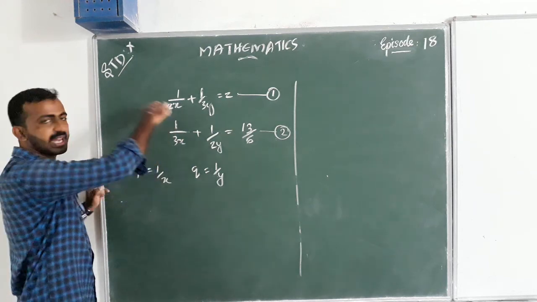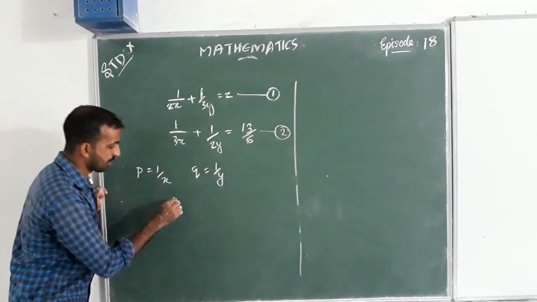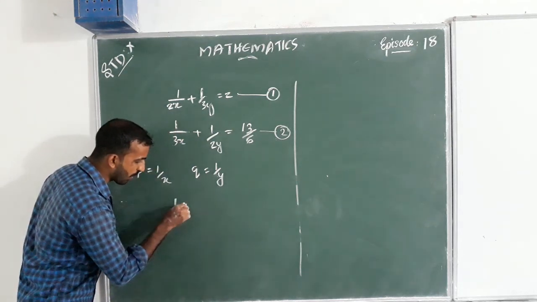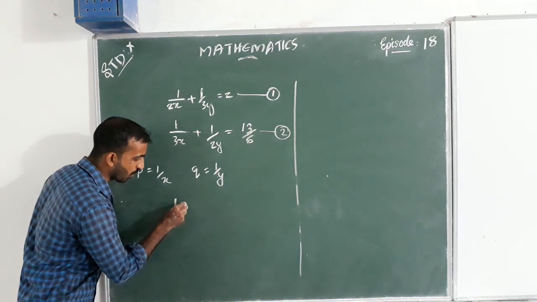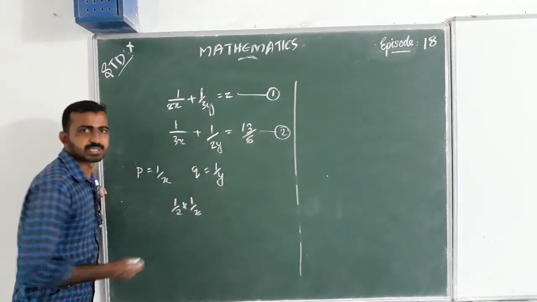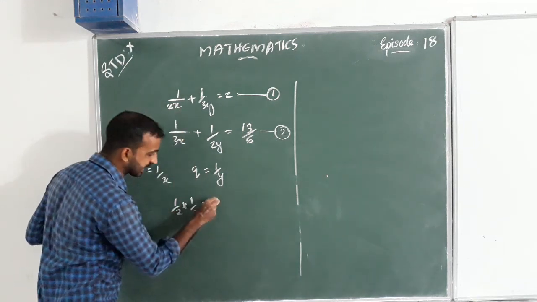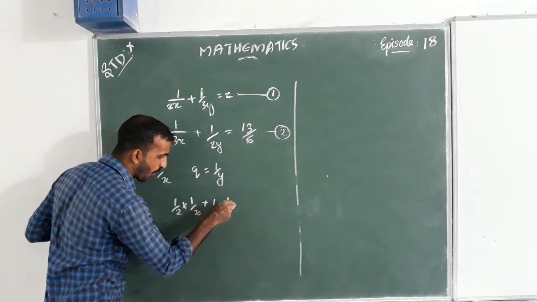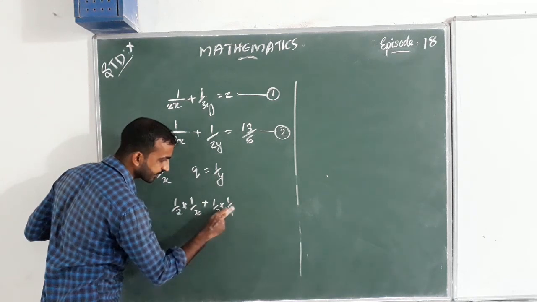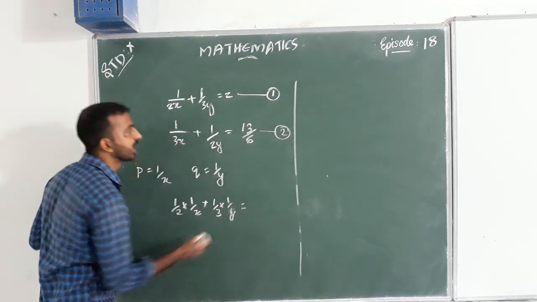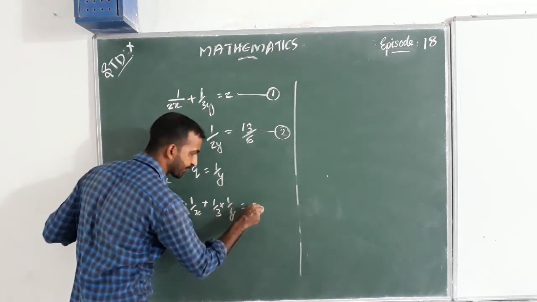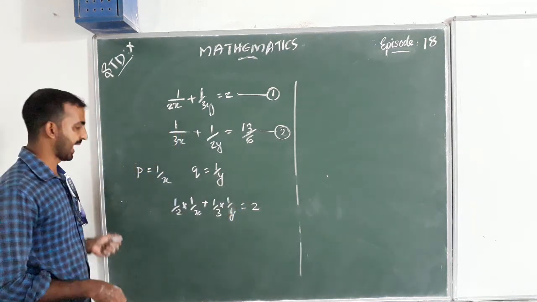Then what can we write here? 1 by 2 into 1 by x plus 1 by 3 into 1 by y equal to 2, is it? Yes.